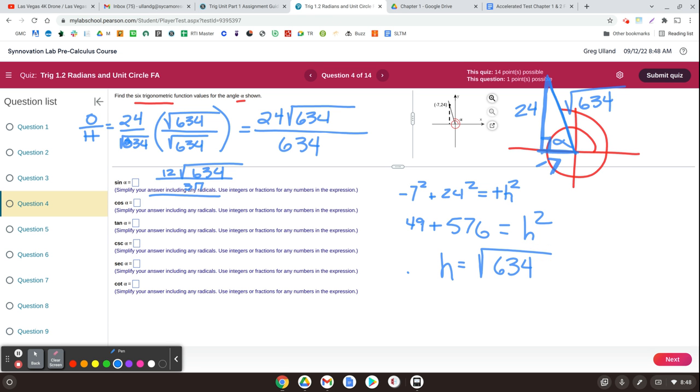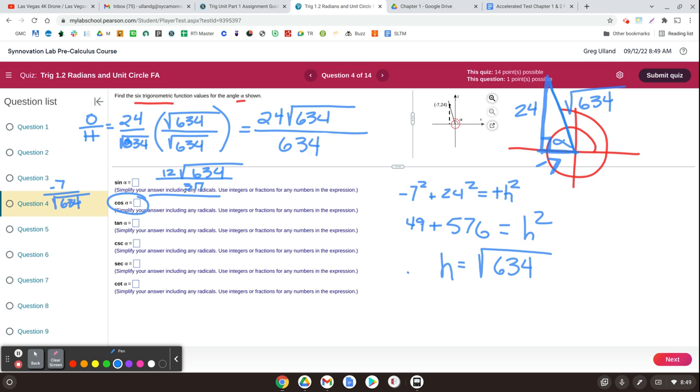It's not easy, okay? So what's cosine going to be? Well, cosine is going to be -7 over radical 634. Okay, not allowed to have a radical in the denominator.